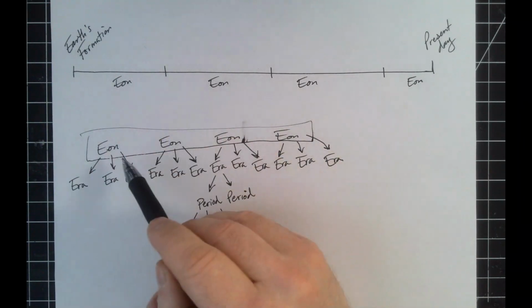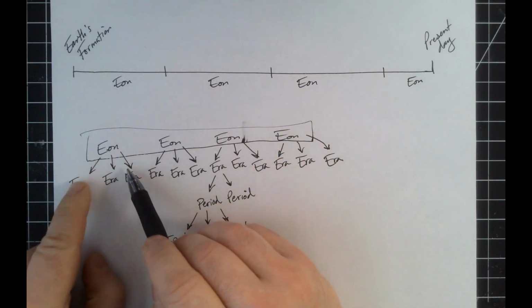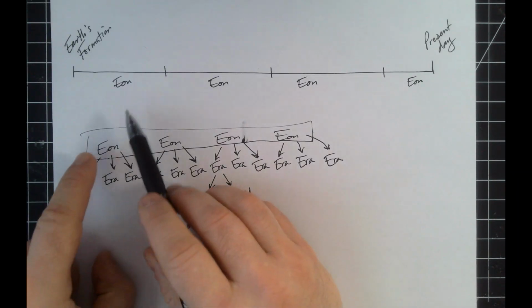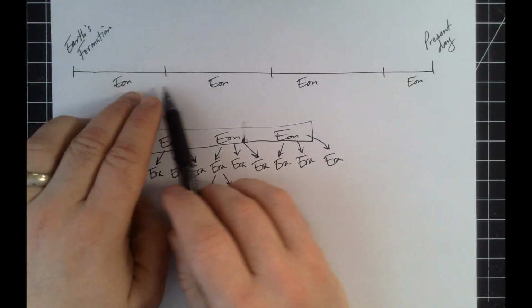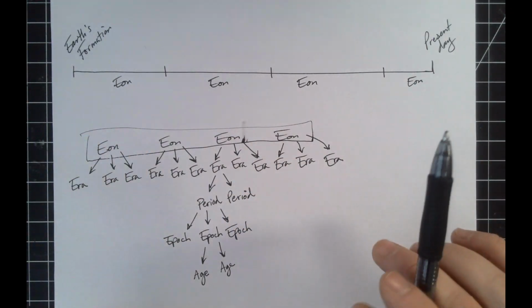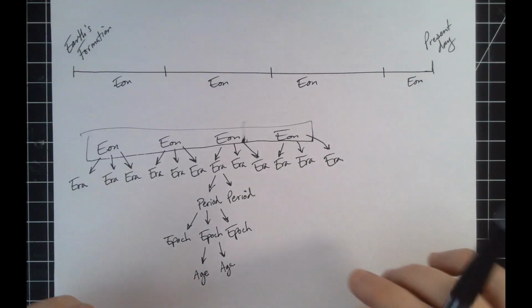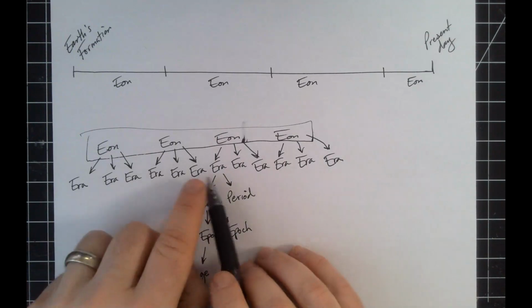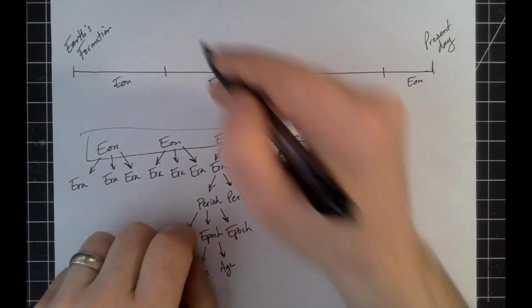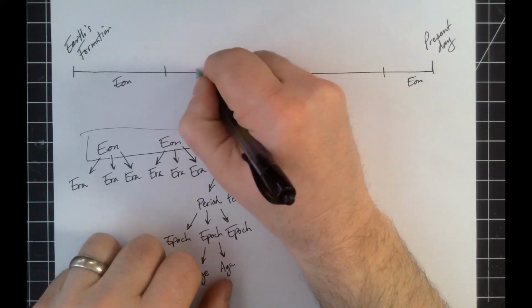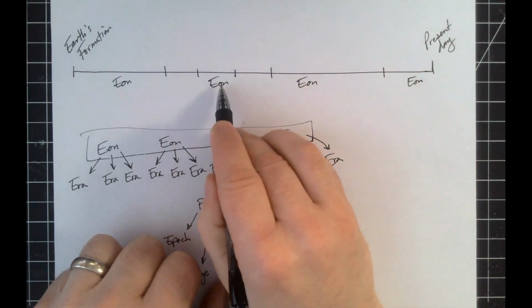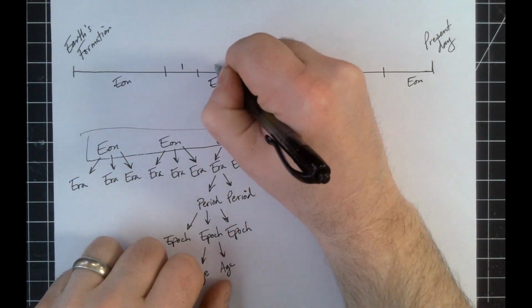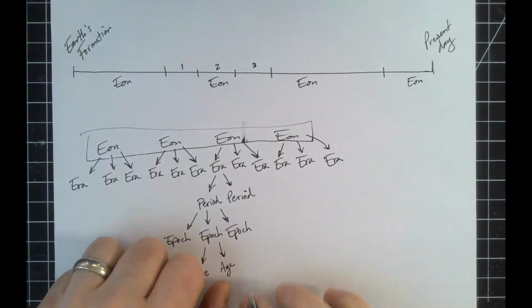We take each of those eons and break them down into multiple eras. On average, each eon is split into roughly three or four eras, depending on how it is. So if we take this eon, we can break it down into a couple of smaller manageable chunks and say, this is the first era, this is the second era, and there's the third era.